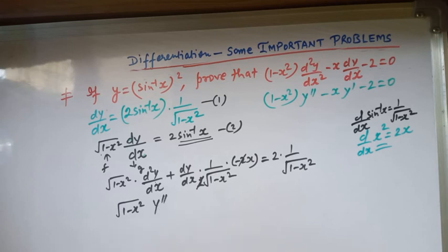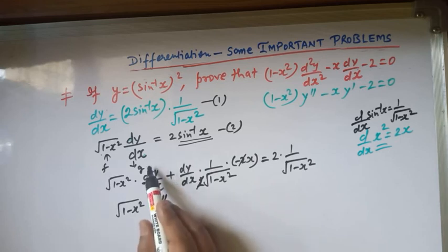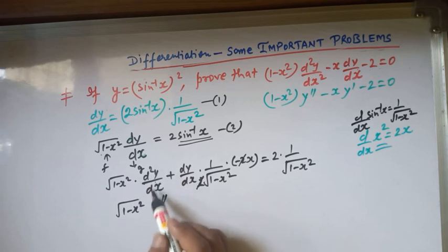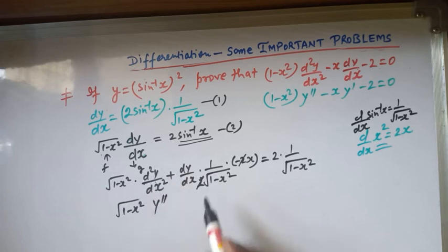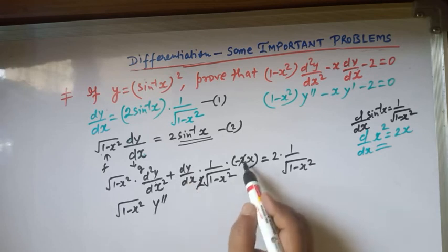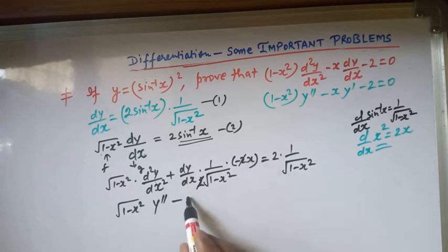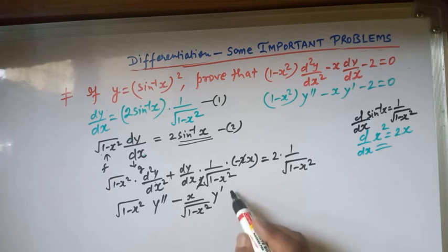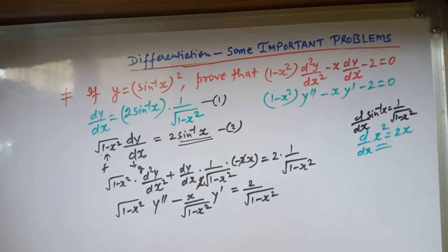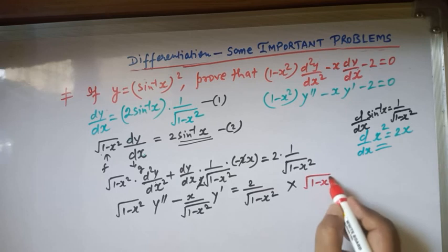And we have 1 minus x square, the second derivative, I am writing y double prime for d2y over, sorry, this is dx2, and we have minus x over square root of 1 minus x square, and this is y prime is equal to 2 over square root of 1 minus x square. Clear? Now we multiply this whole equation by this term, square root of 1 minus x square.